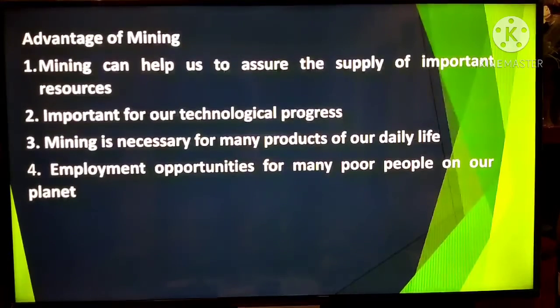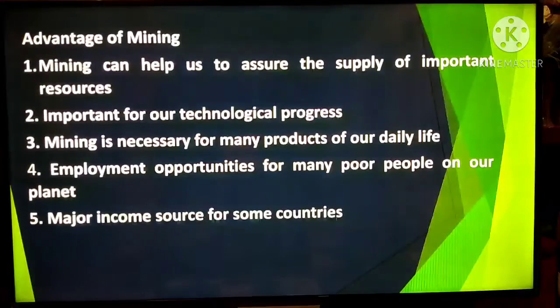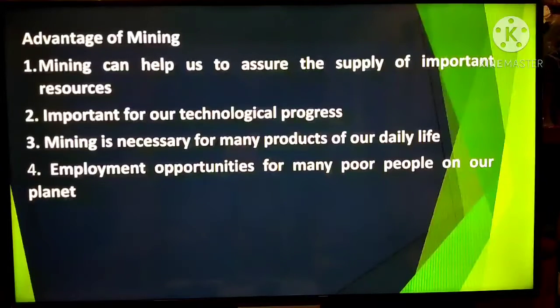Fourth is the employment opportunities for many poor people on our planet. Yeah, mining has a huge advantage in the employment of many people because the mining industry provides a high number of jobs for the local population, especially in many poor countries of our planet.